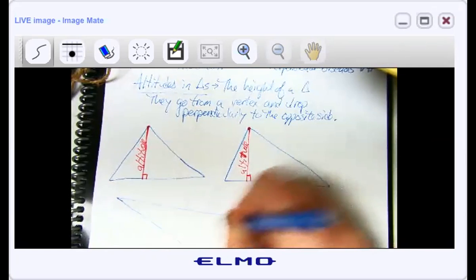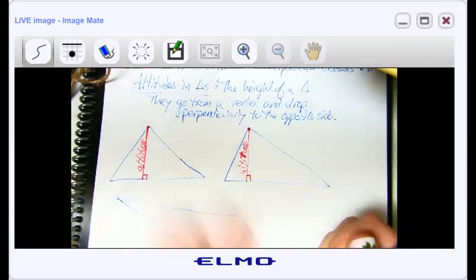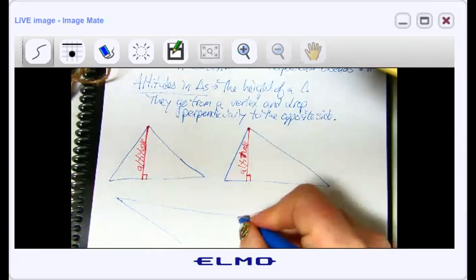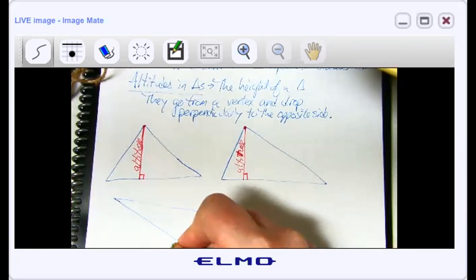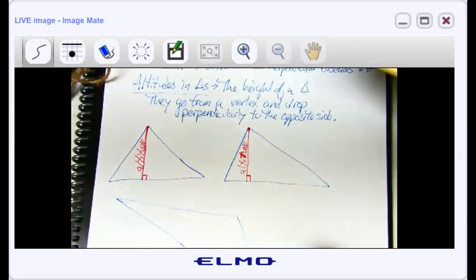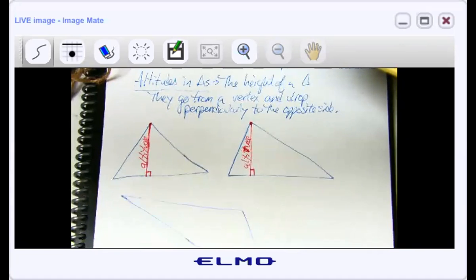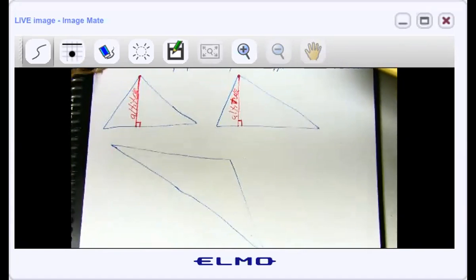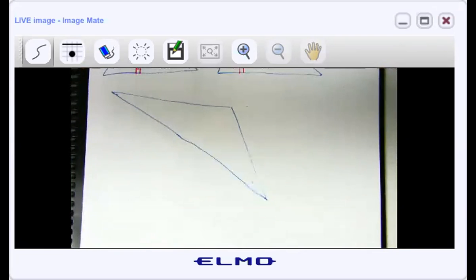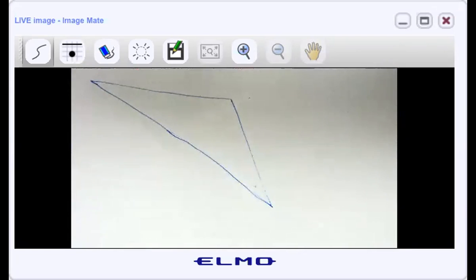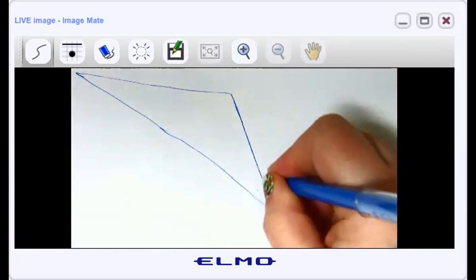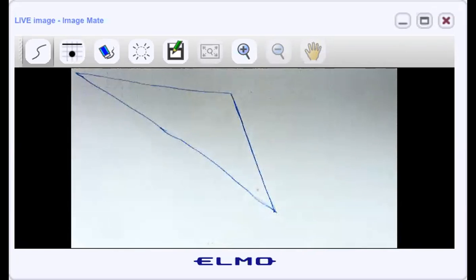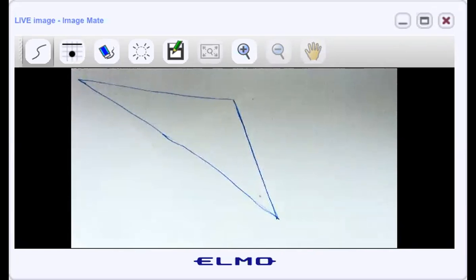I'm going to change it a little bit. Okay. Let's get this one in view. All right, so here is just some random obtuse triangle.